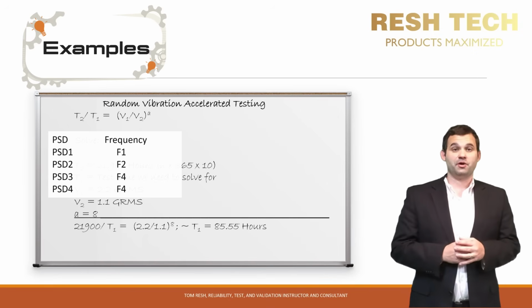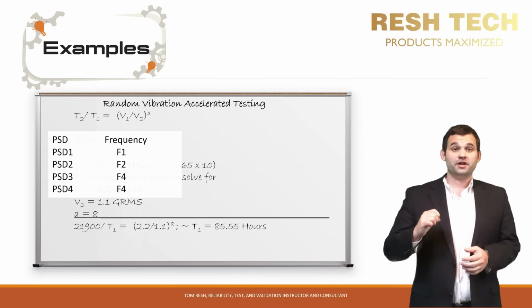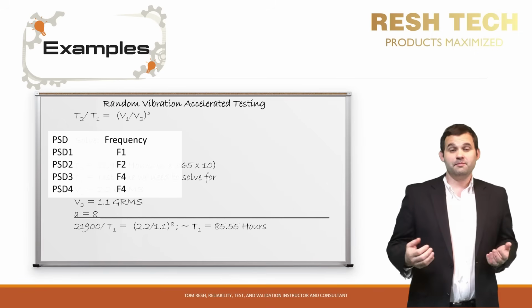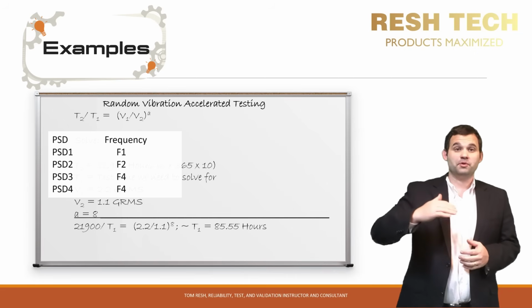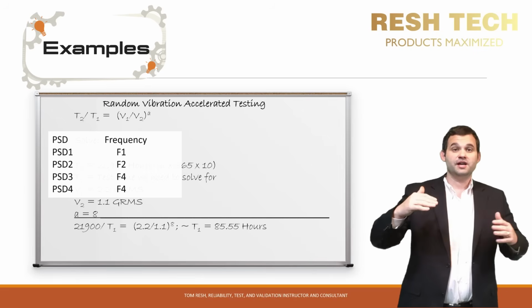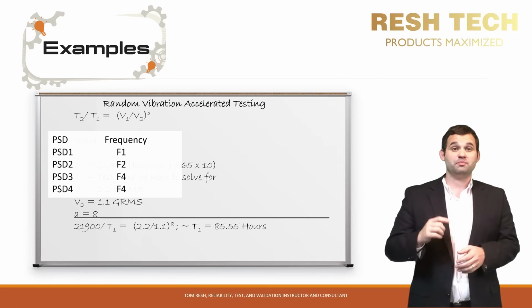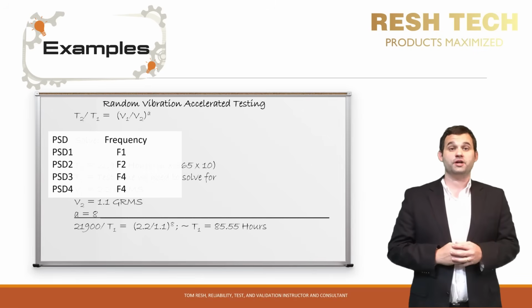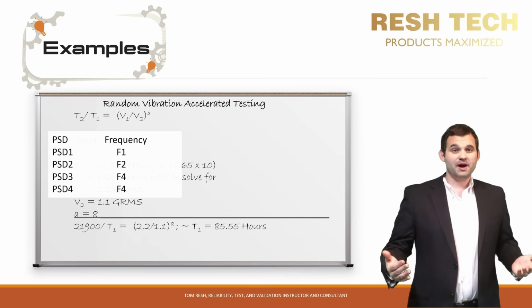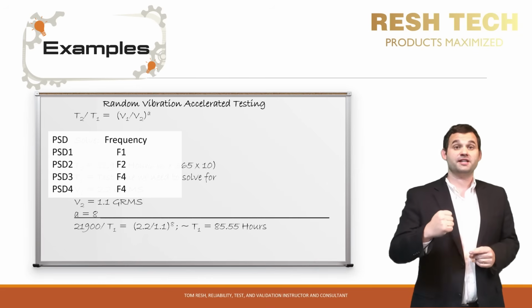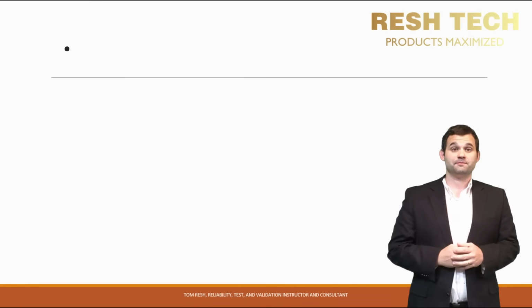For the rest of us, however, that have real work to do, we're gonna plug it into any modern vibration test controller that has a scaling function that will bring up each PSD and frequency to equal 2.2 GRMS based on our original 1.1 GRMS profile. This is perfectly acceptable, and by saving this time, now you can focus on accelerating other types of tests.